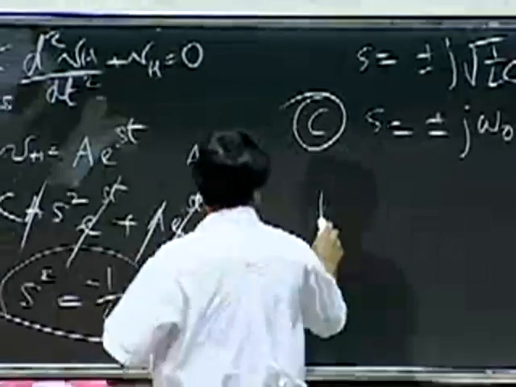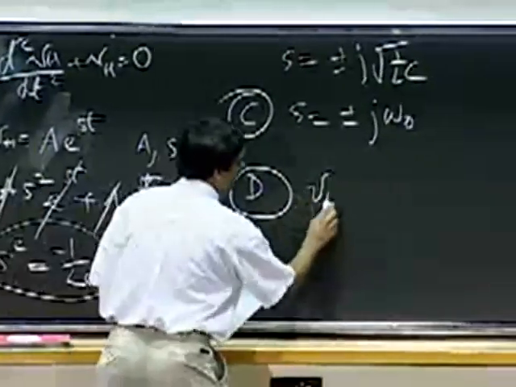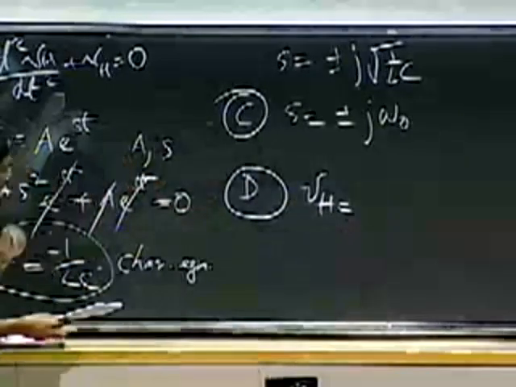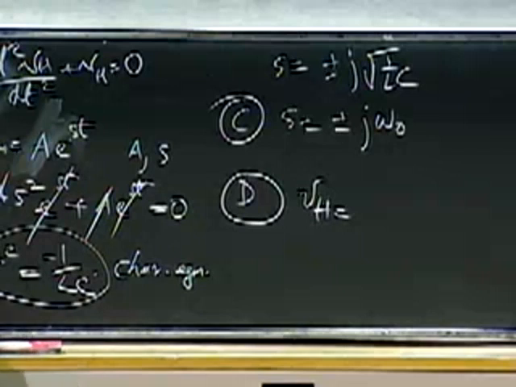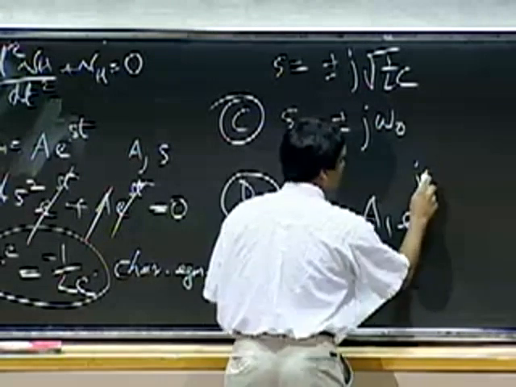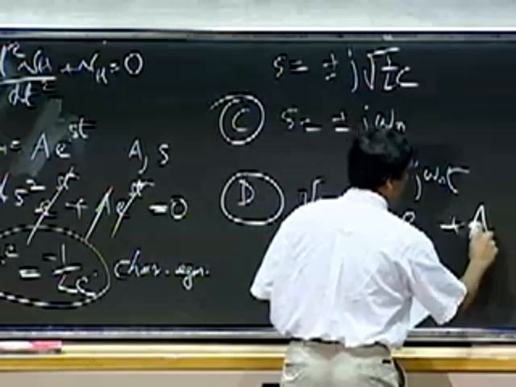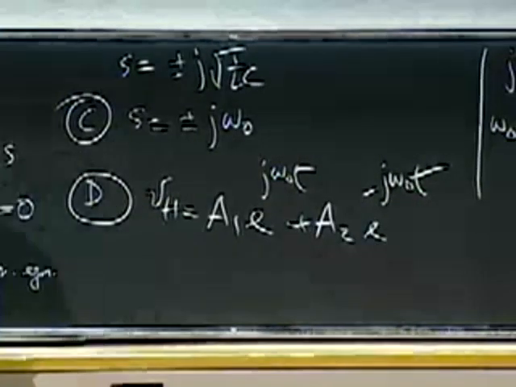And as my fourth step, I simply write down the homogeneous solution, substituting S with its roots and writing the most general possible form of the solution, and that would be A1 e to the j omega naught t plus A2 e to the minus j omega naught t. Done.